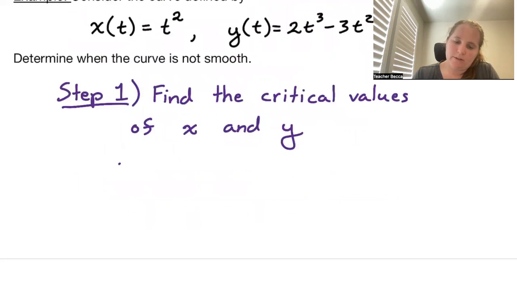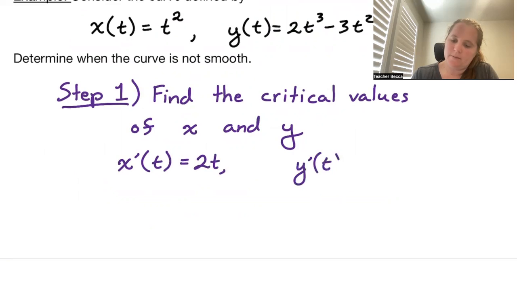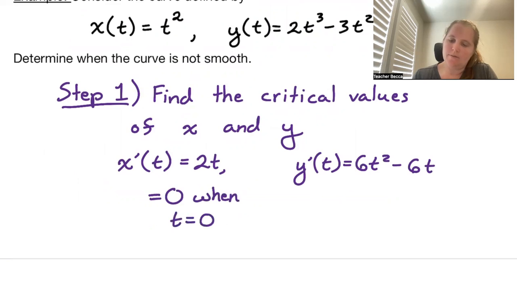So x prime of t is 2t. Y prime of t would be 6t squared minus 6t. X prime of t equals 0 when t is equal to 0.